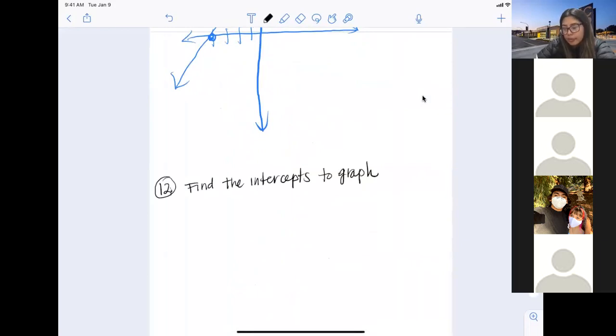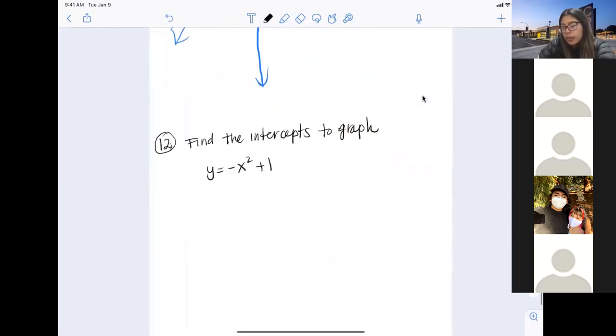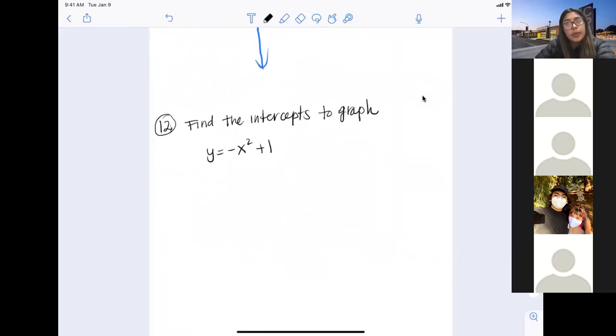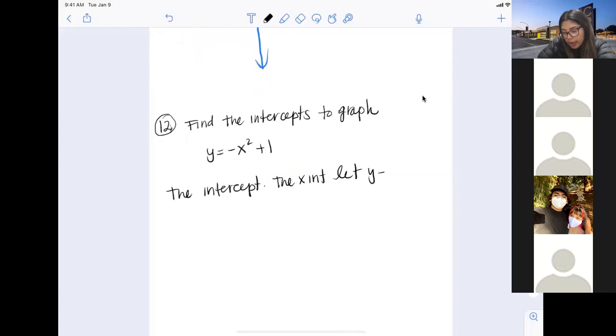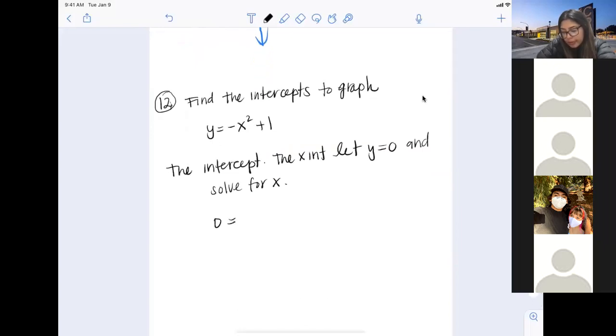So to graph y equals negative x squared plus 1. Well, what do we know about this? This is a quadratic because it's an x squared. So the intercepts, again, the x-intercept, you let y equal 0 and solve for x. So let's do that. You have 0 equals negative x squared plus 1.